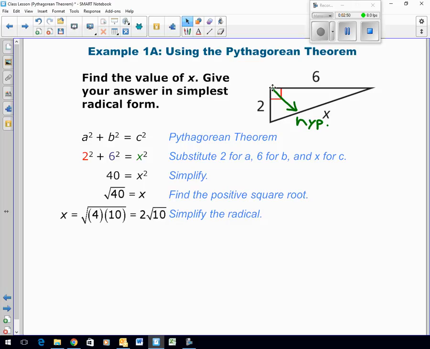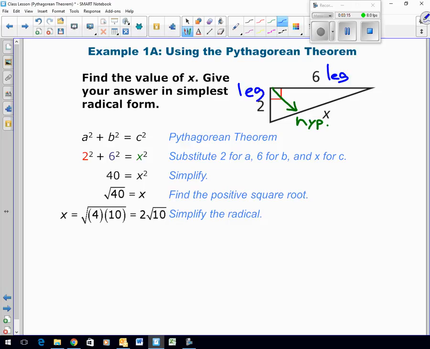It's always the longest side, although based on the information on the board, you don't know that it's the longest, but you've got to identify it to get the problem started. Once you've identified your hypotenuse, the other sides of the triangle are legs.